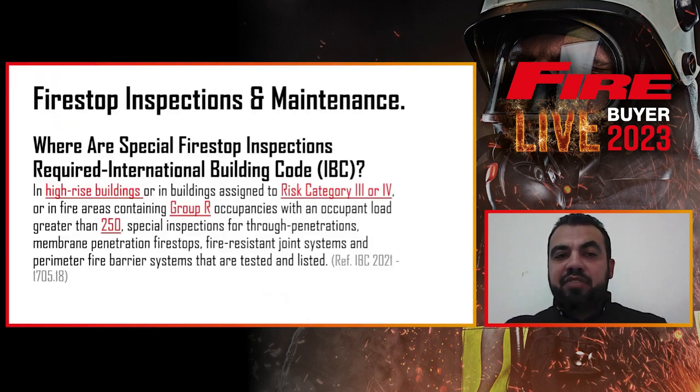The IBC requires Firestop special inspections to be conducted in high-rise buildings and other buildings classified as risk category 3 or 4, and Group R occupancies were newly added to the code when the occupant load is greater than 250. So this special inspection for through penetrations became mandatory for these types of buildings.